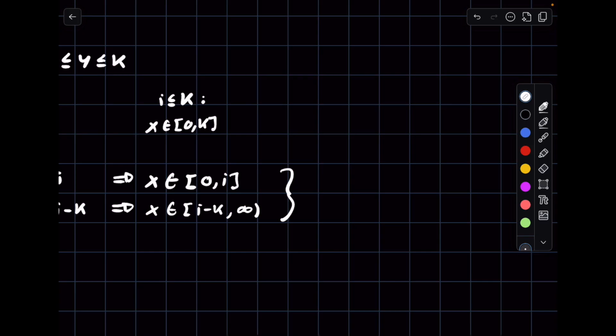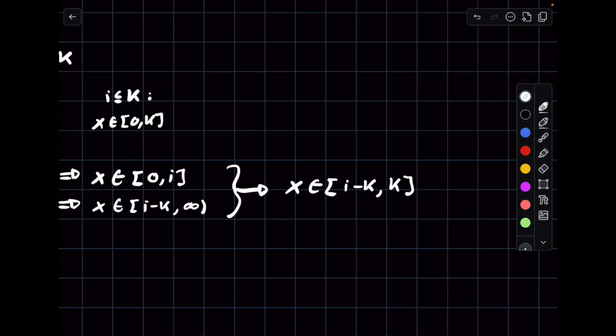In this case, if we do the intersection of all of these groups, so to speak, from this one and this one and this one, we'll see that x is going to be from I minus k, right? And then it stops at k. So we can finish that as such, if I remember well.